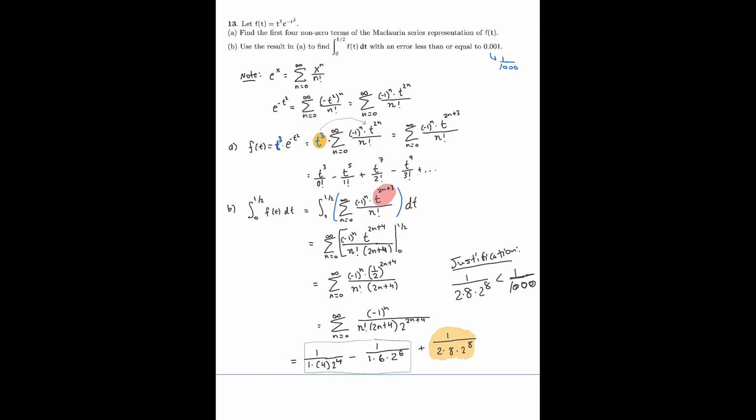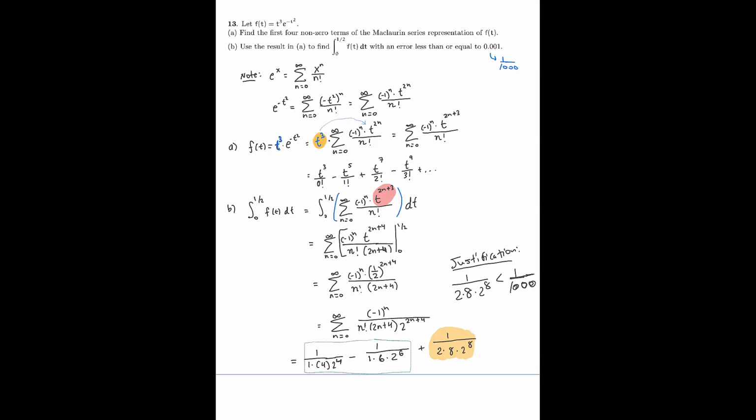I think in the final exam, part C will be to justify your answer from part B. Why are these 2 terms enough to guarantee an error less than 1/1000? It's because the next term and the following terms will be less than 1/1000, and so on.